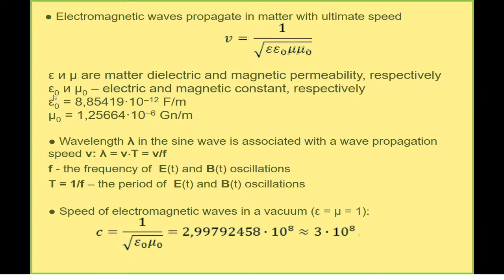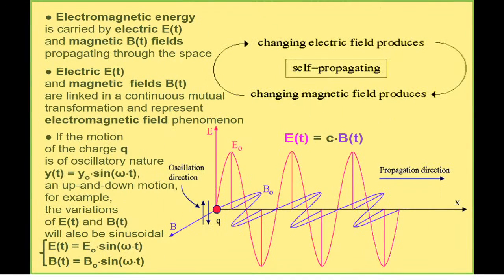So these epsilon 0 and mu 0 are the electric and magnetic constants respectively, and these constant magnitudes you can see here. And what should be said else as the quantitative characteristic of electromagnetic wave? First of all, the velocity of the propagation. By the way, let's come back to this. When we talk about a wave, we should classify this wave as longitudinal or transverse.